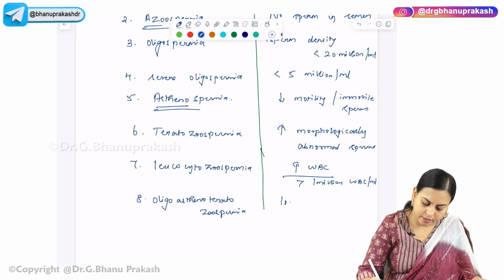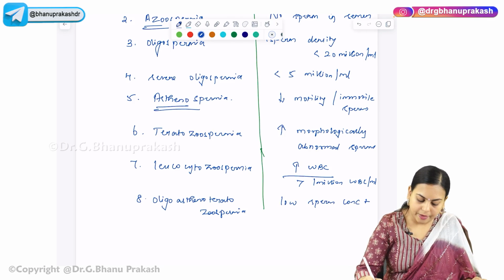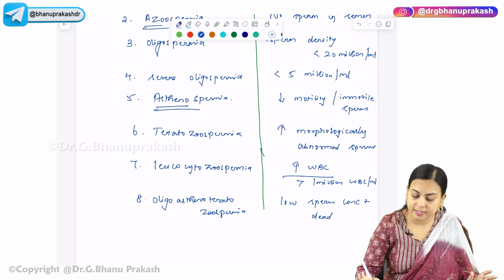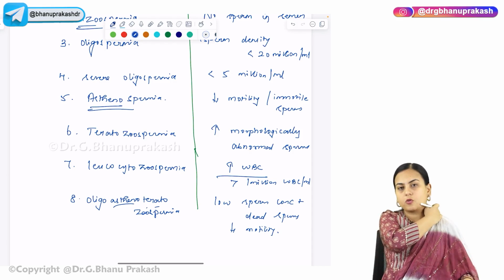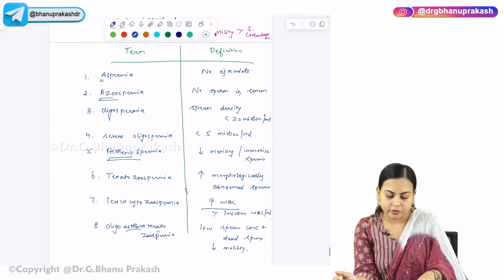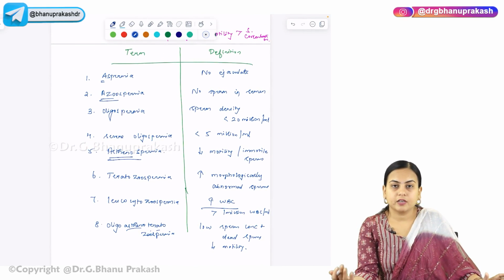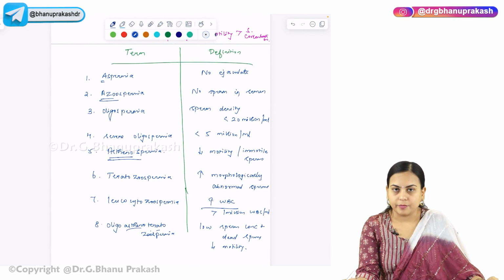Oligo means there is low sperm concentration, plus there are dead sperms, terato, and astheno, there is reduced motility of the sperms as well. So all these conditions can coexist, then you can call it as oligoasthenoteratozoospermia. So these are the different terms we will be using to address the semen condition of a male.